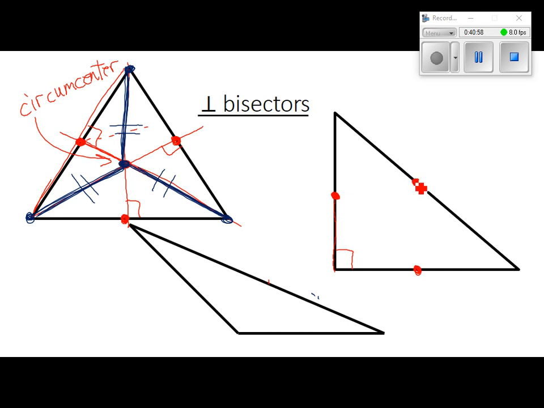Now we want to be perpendicular to this. I'm going to use my yardstick here. Is it going to go down there and do that? No. It's not going to hit that corner this time, is it? So tell me when I'm at a right angle with this side of the triangle as I'm moving this around.